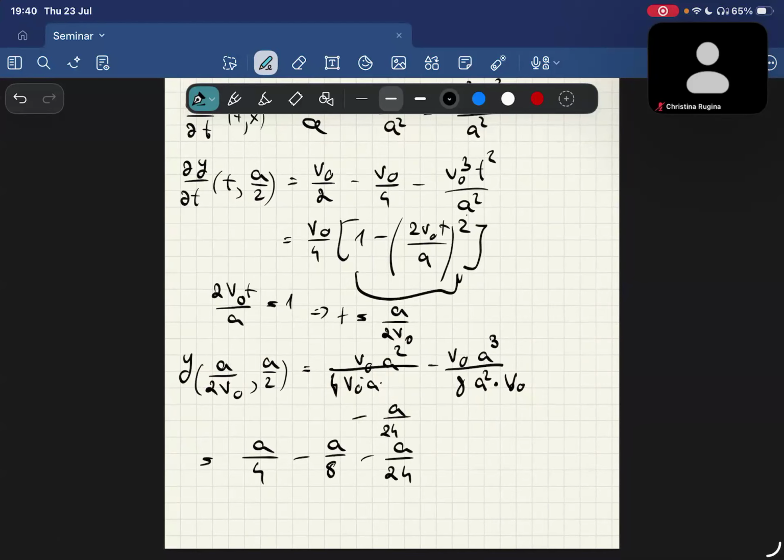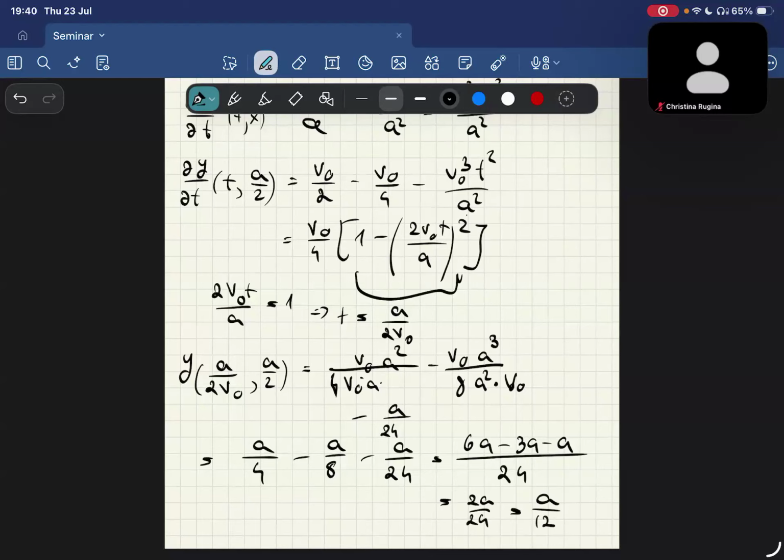Okay, so computing this here, we get 6a minus 3a minus a over 24, which will be 2a over 24, which will be a over 12.